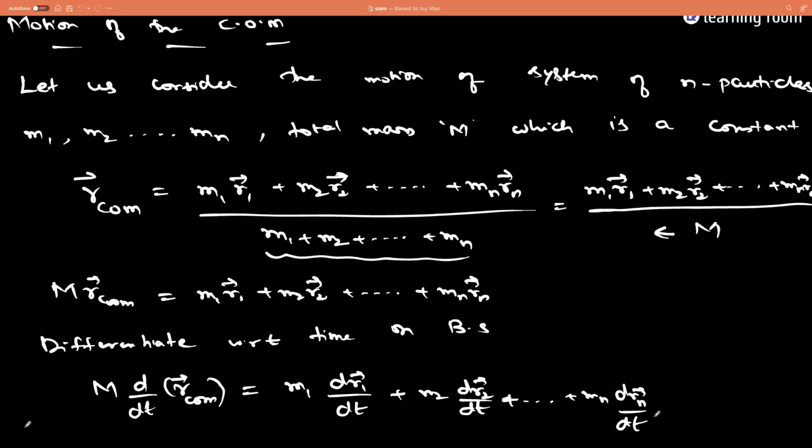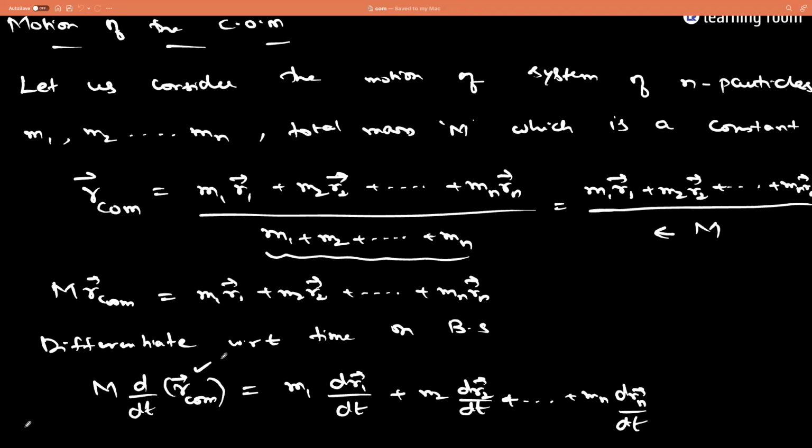Now, what is the derivative of position vector with respect to time called? Velocity vector. Yes.